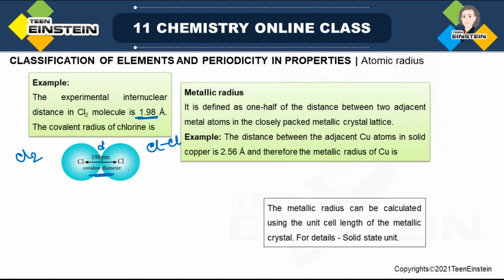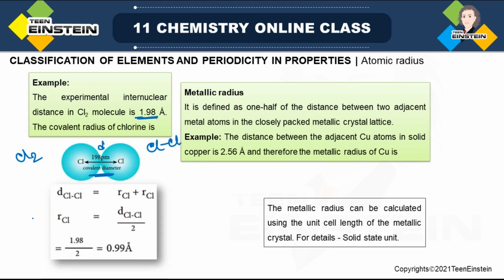The covalent radius of chlorine will be half of this distance. So d of chlorine is given, which is 1.98. But individually, it is 2 of RCl, that is the covalent radius. So you just simply have to divide it by 2. You will get the value 0.99 angstrom.